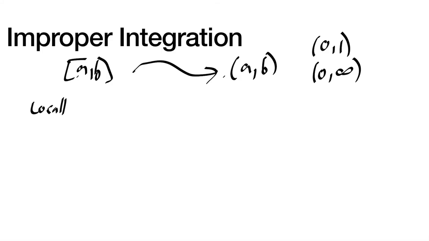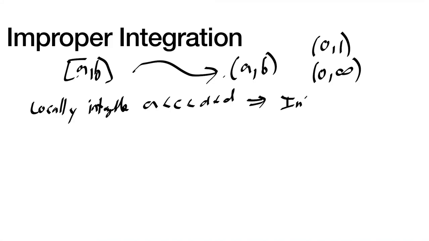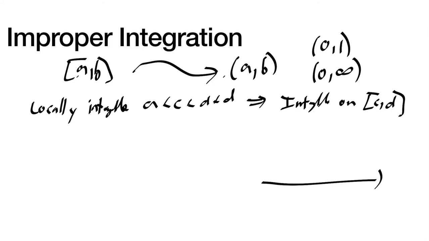If you want to do an integral on an open interval, you have to have a couple of properties. The first property is what they call locally integrable. Locally integrable just means that if you're doing some interval a, b and you have some c and d inside of there, then f is integrable on that closed set c, d.